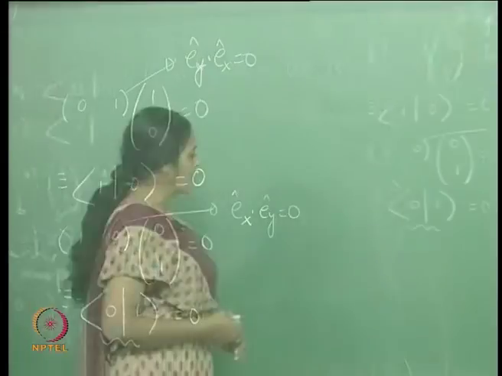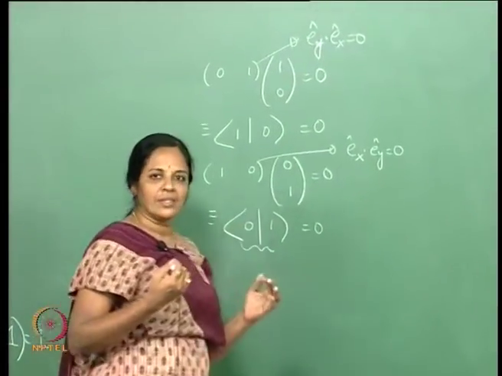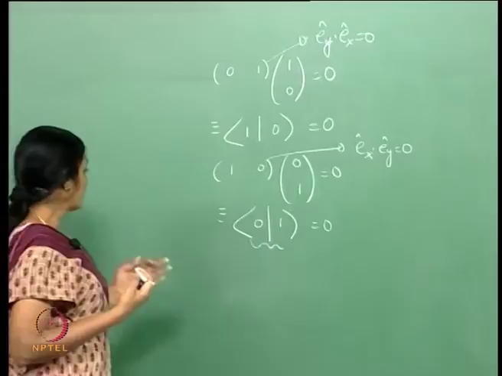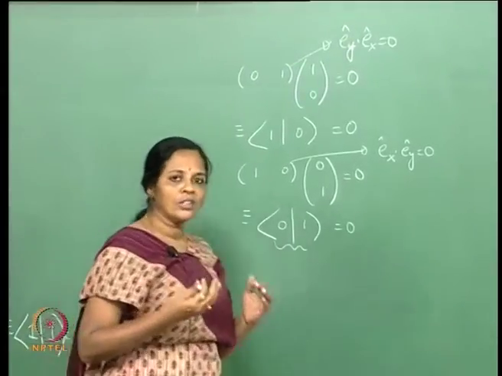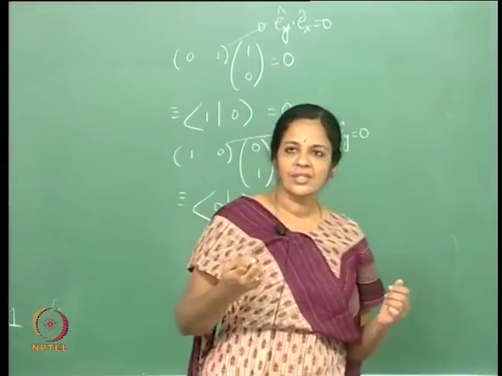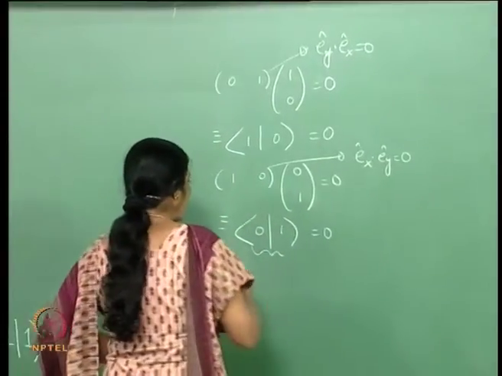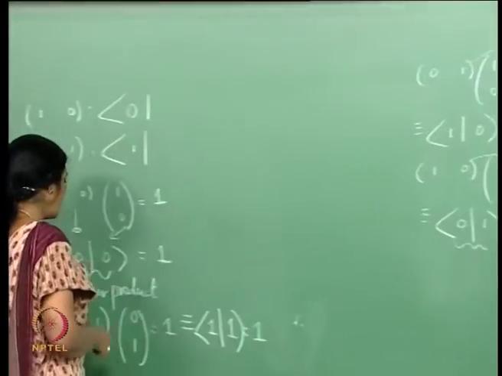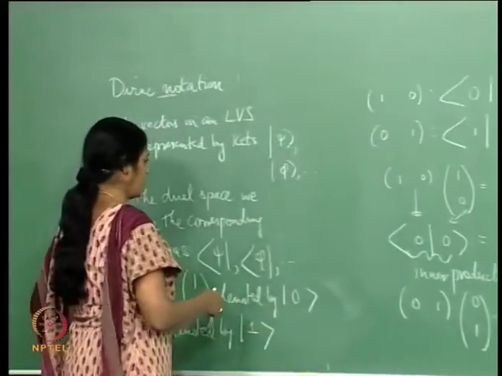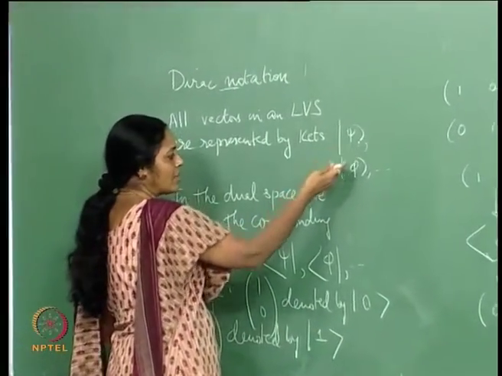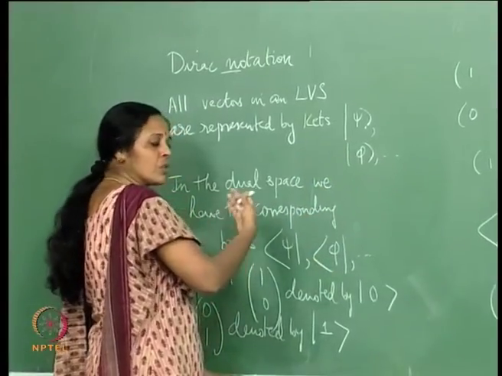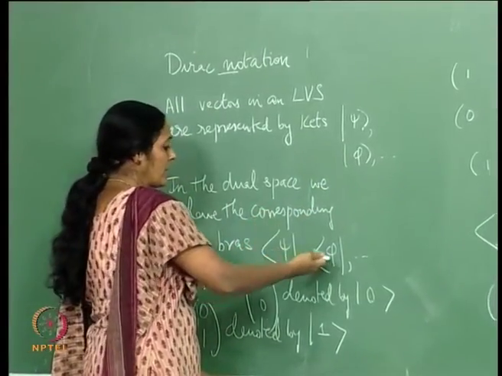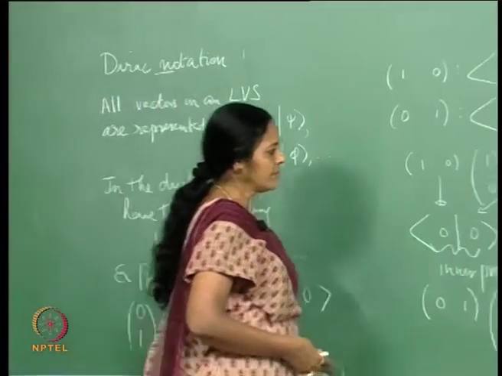So, in the Dirac notation, quite independent of whether the states concerned are columns or functions, I use this notation that all the states in the linear vector space are denoted by kets, ket vectors as they are called, and the elements of the dual space are denoted by the bra vectors.